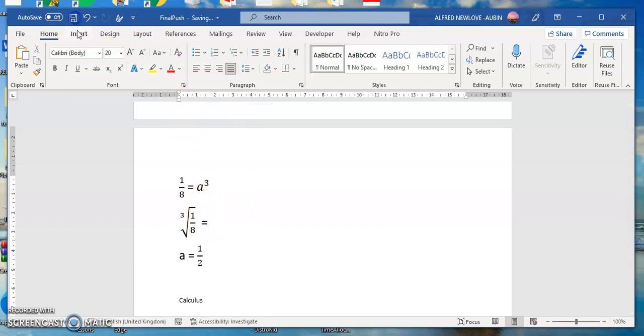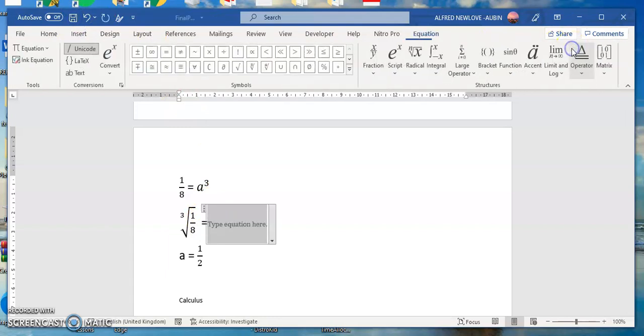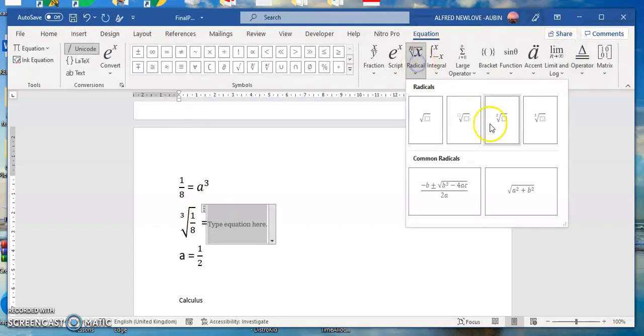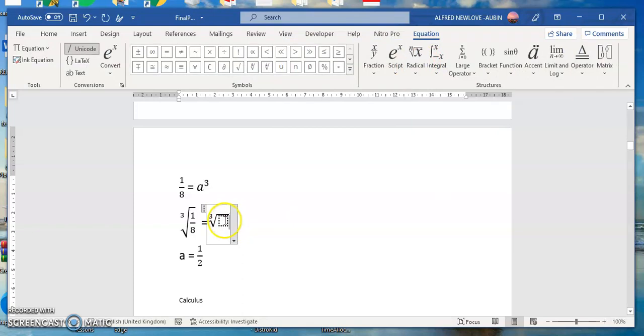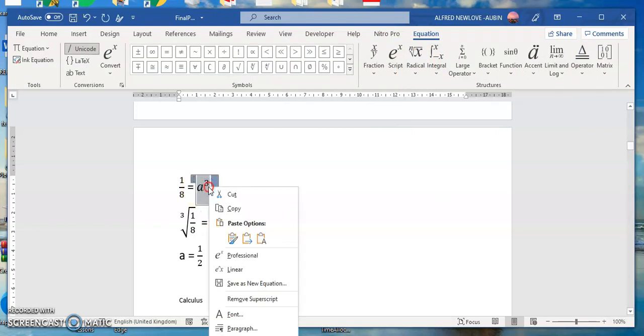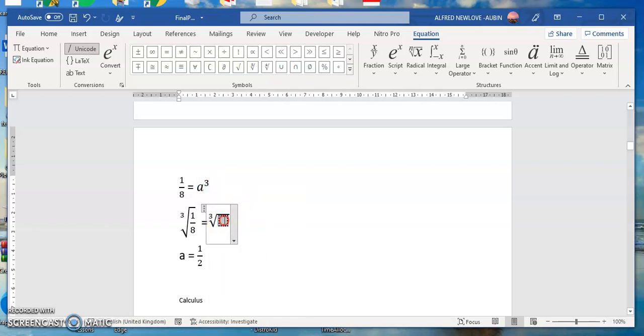Let me just get the cube root directly from this side. Cube root, then I need this one inside. Okay, so if I take a cube root of that, it's going to give me 1/2.